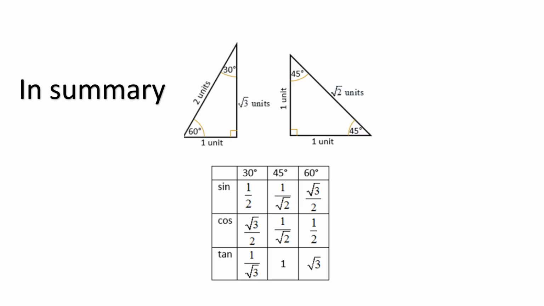Right, so in summary, this is what we have learned. This table will not be given to you in the exam. So the best way is to find a way to memorize all the values for all these trigo ratios of the special angles.